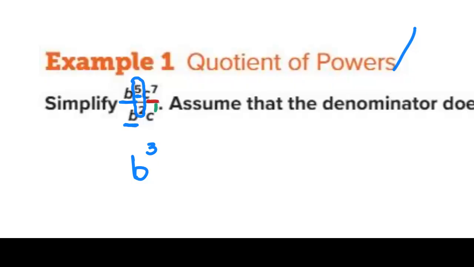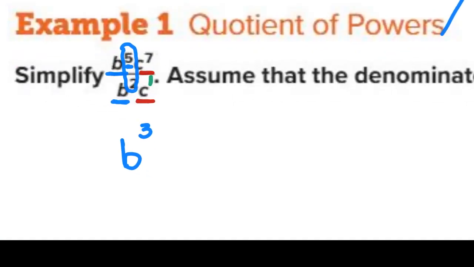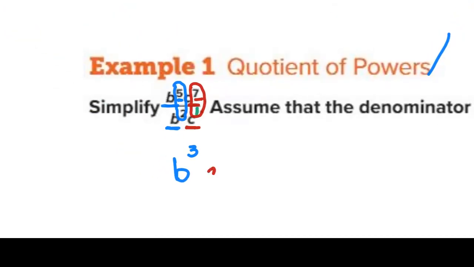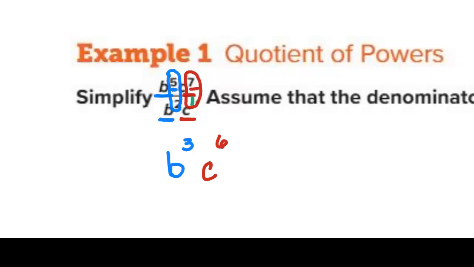Then you also have c to the 7th divided by c to the 1st. Put a little subtraction sign in there. And I showed this vertically. That is c to the 7 minus 1 is c to the 6th. Question. Why can't I add these together and say bc to the 9th?